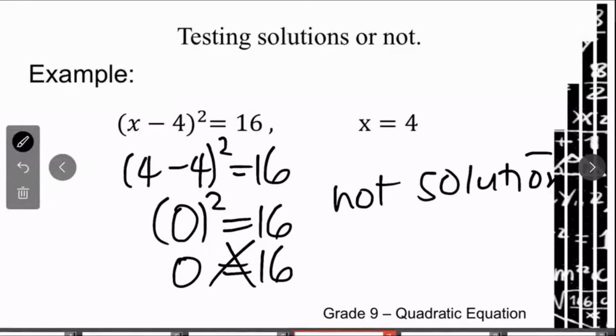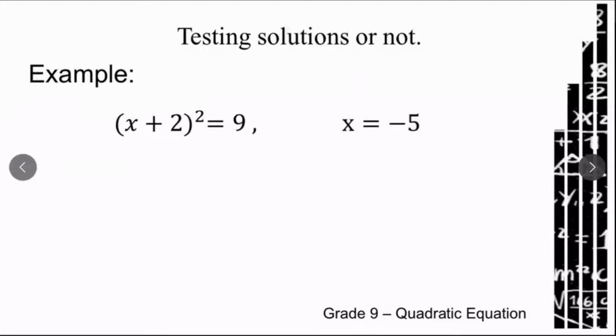Next, let us have our next example. We have (x + 2)² = 9, and we have x = −5. Let us test whether the x value is a solution or not. Once again, you can pause the video and try it out. Okay, let us solve this expression.